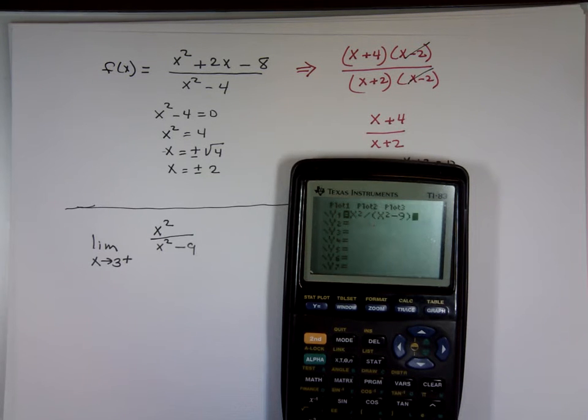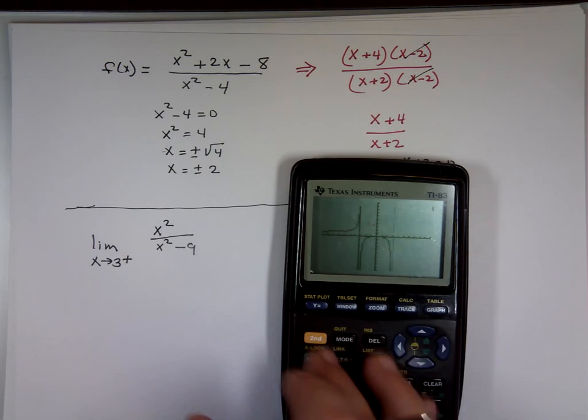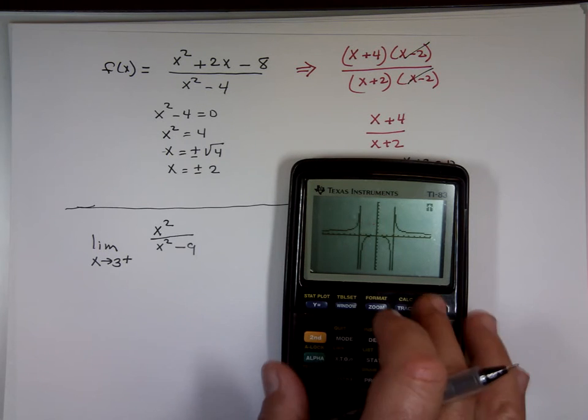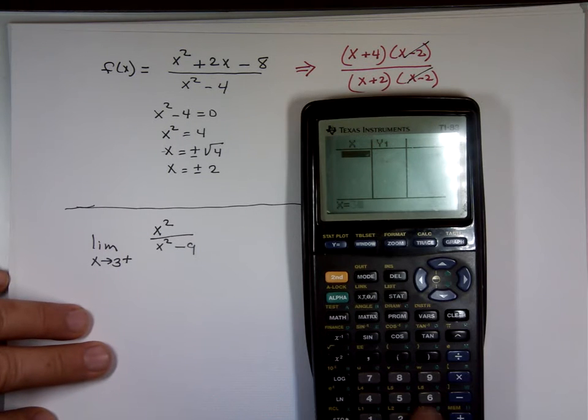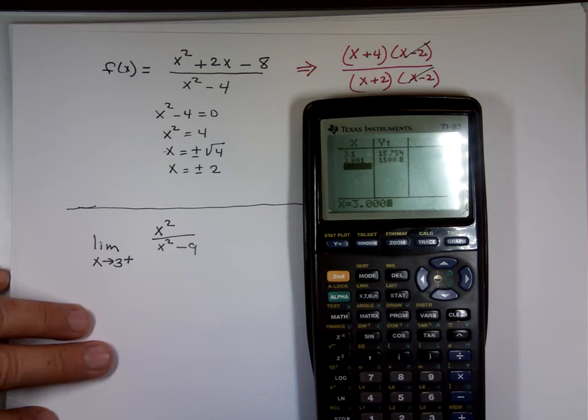And let me approach it from the right side. Table. Oh, I didn't mean to graph it. I don't want to graph it. Now you saw the picture. 3 from the right side. So what are we getting approaching 3 from the right side? Like 3.1, 3.001, 3.00001, 3.0000001.